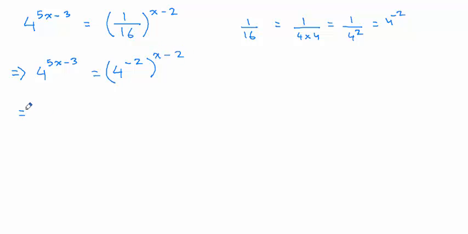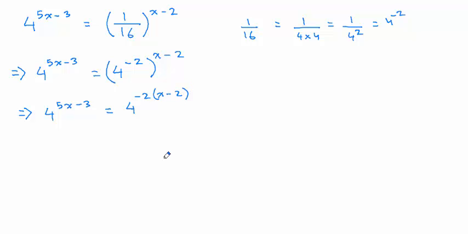And that implies 4 raised to the 5x minus 3. We are not done as yet because we need to multiply this with this. When an exponent is raised to another exponent, the exponents are multiplied. Therefore this is going to be 4 raised to the negative 2 times x minus 2.